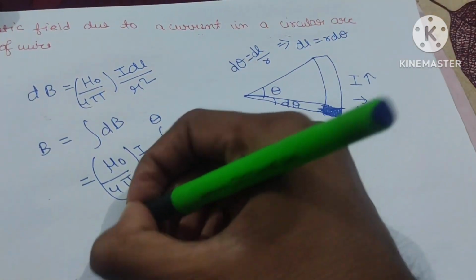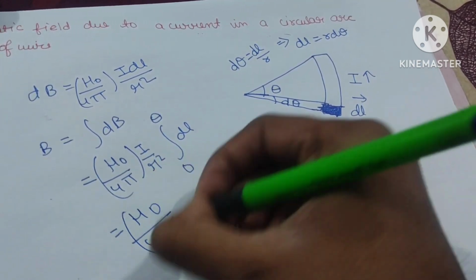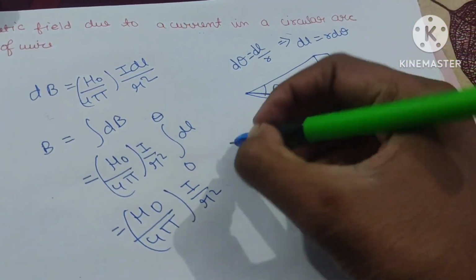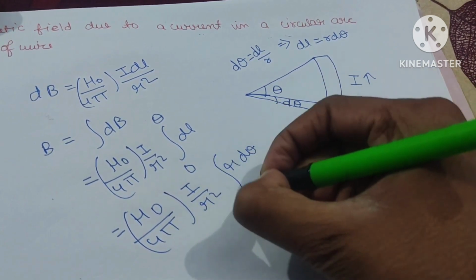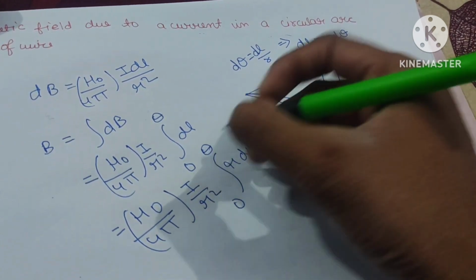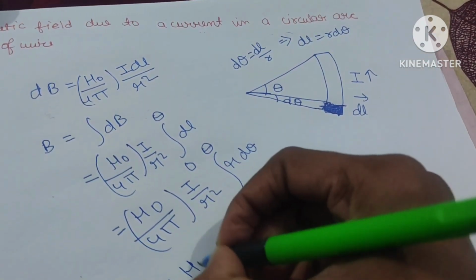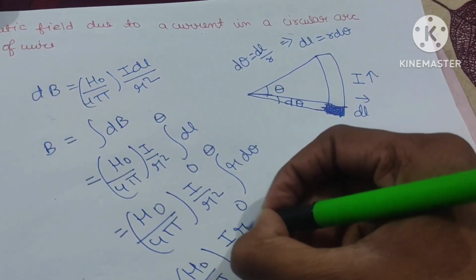Now we'll put the value: I by r square, and instead of dl we'll write r d theta from 0 to theta, and here r will be common.